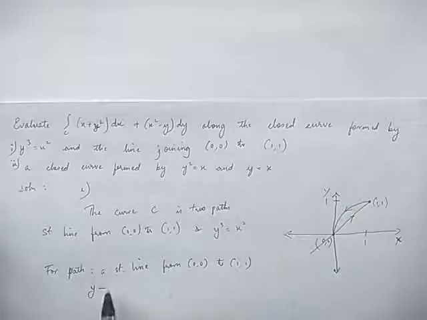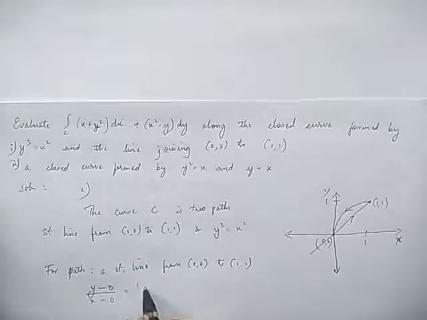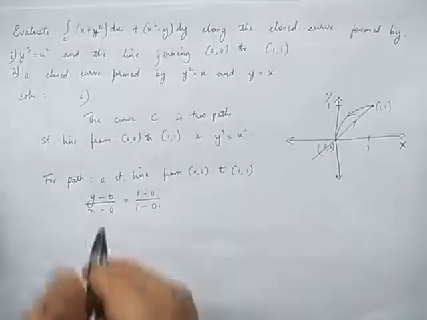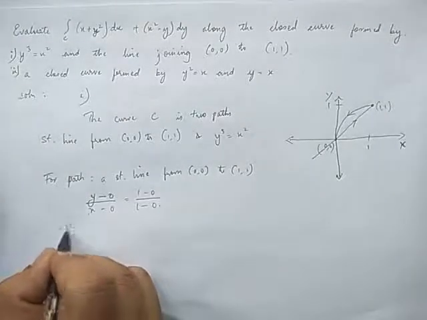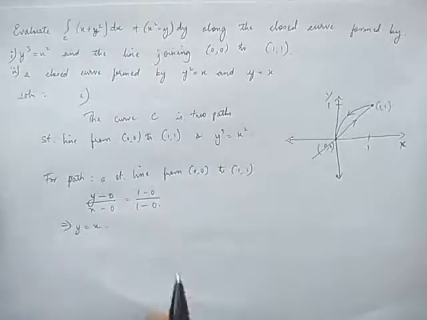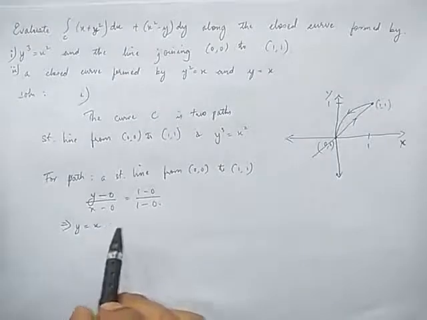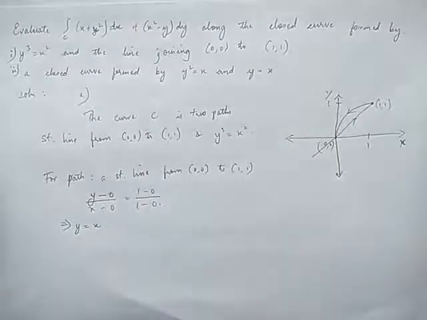So y minus y1 over y2 minus y1 equals x minus x1 over x2 minus x1, where y2 is 1, y1 is 0, x2 is 1, and x1 is 0. This gives y equal to x as the straight line from 0, 0 to 1, 1.